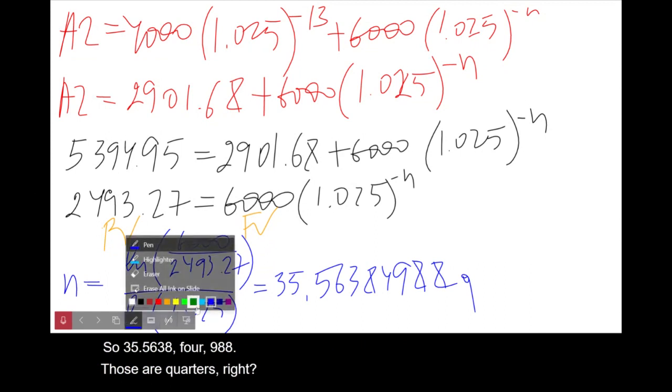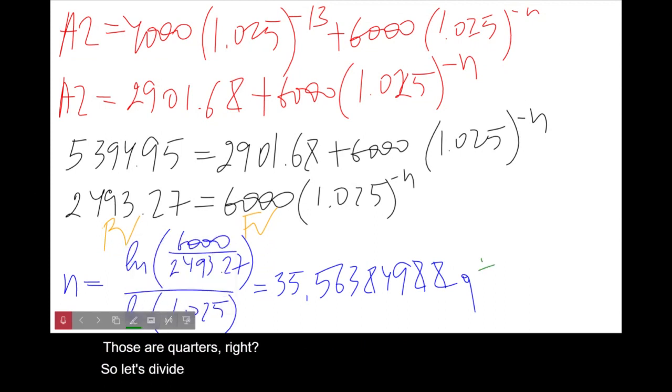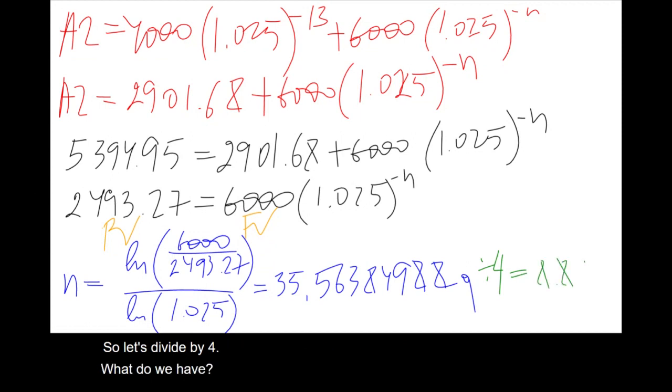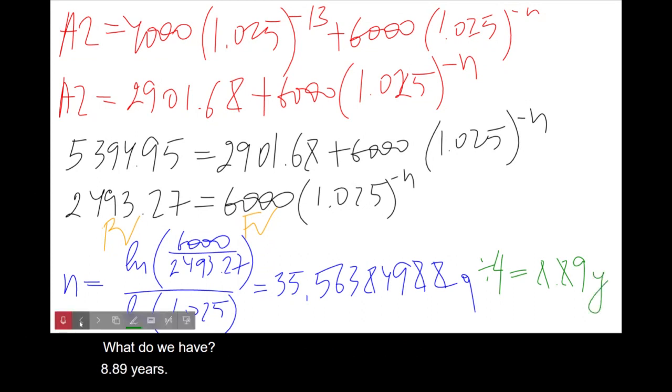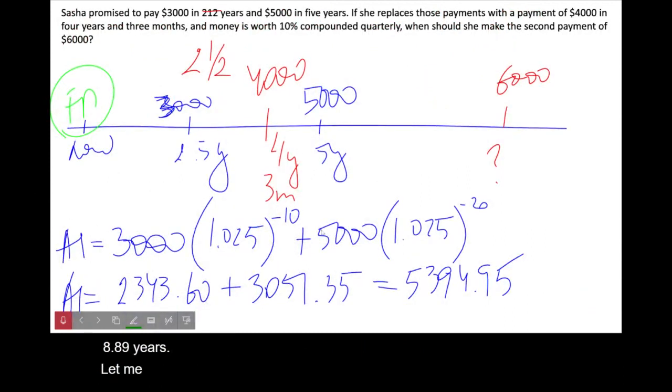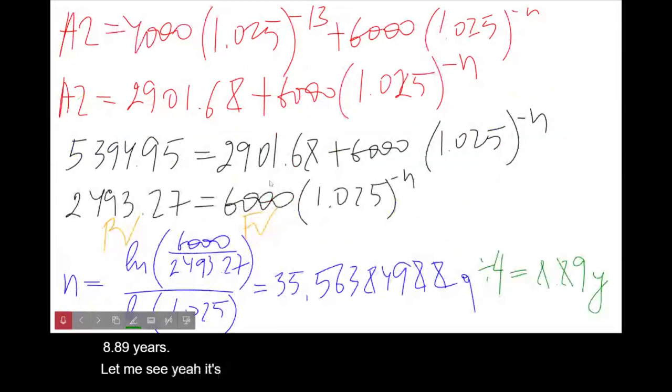So let's divide by 4. What do we have? 8.89 years.